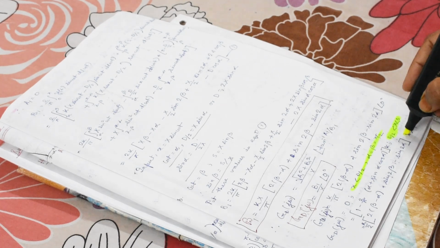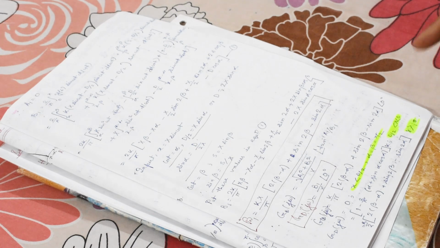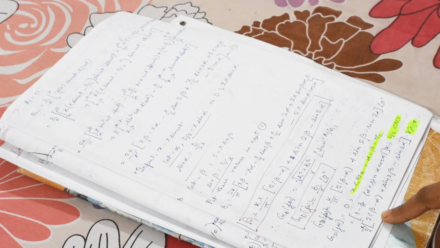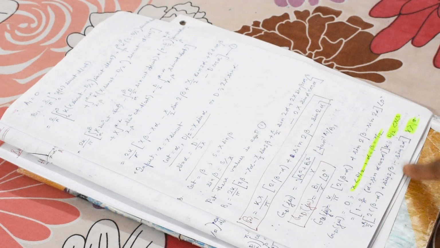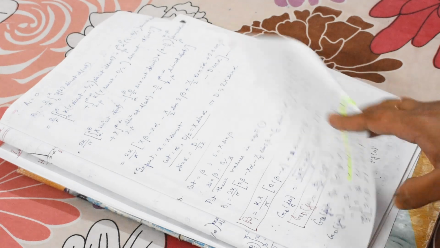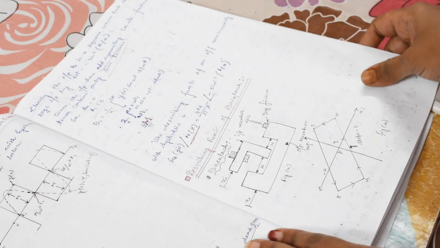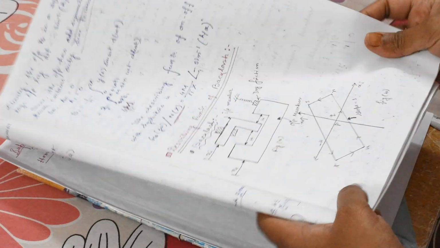And when capital X is greater than s, then the value becomes k by 2 into beta minus alpha plus sine 2 beta minus sine 2 alpha. So these are the basic concepts.